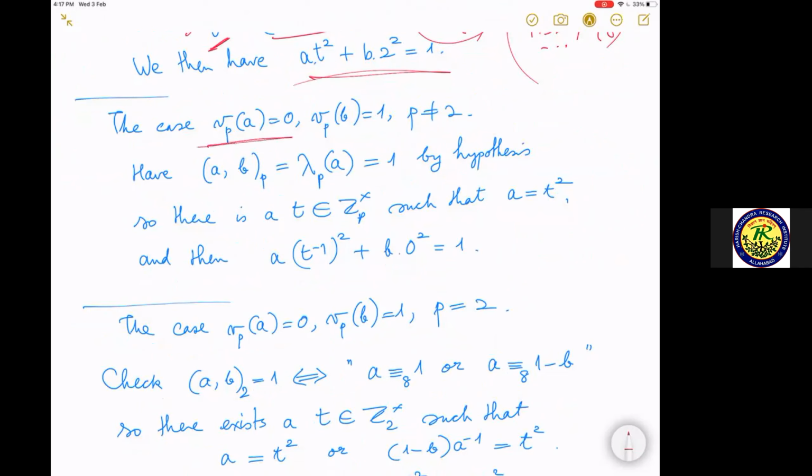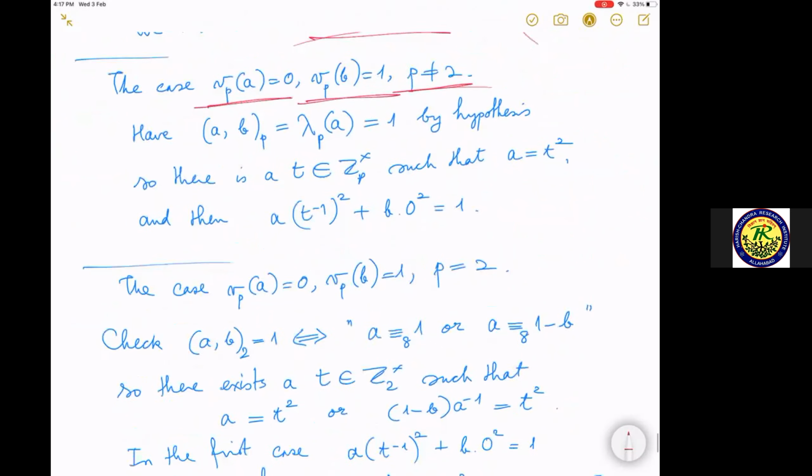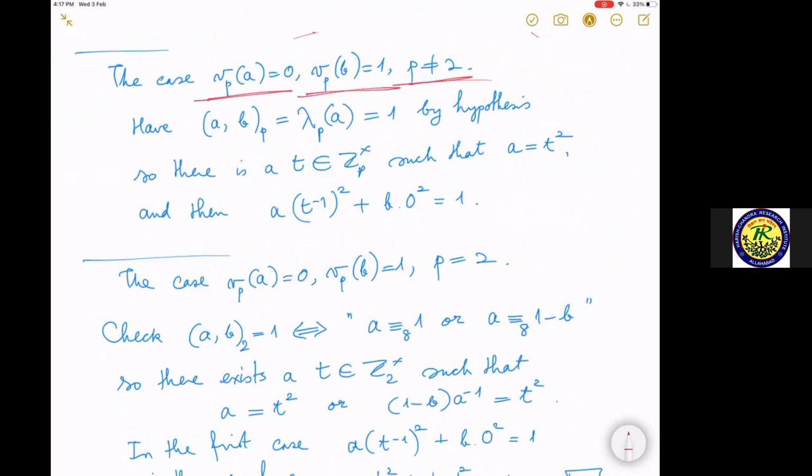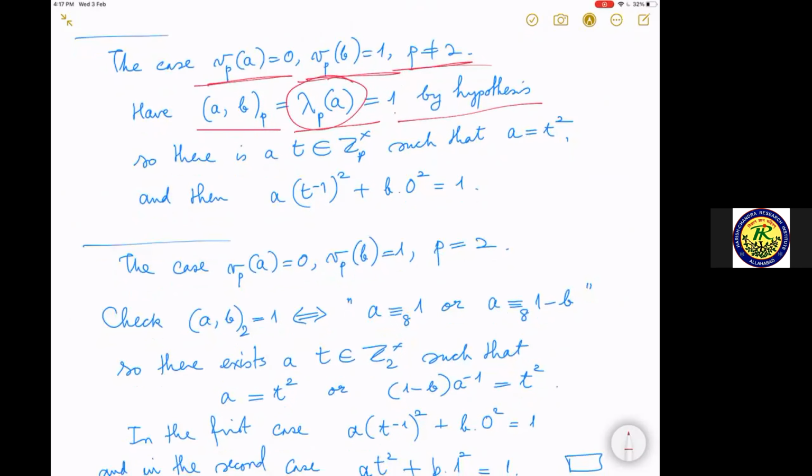v_p of A is 0, so A is a unit, v_p of B is 1, so B is a uniformizer, and p is different from 2. Okay, so the hypothesis is that (A,B)_p is equal to 1, but (A,B)_p in this case is equal to λ_p of A. And λ_p of A equal to 1 means that A is a square.